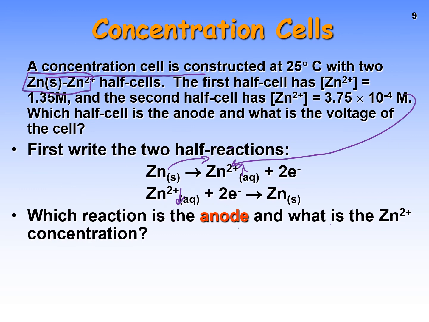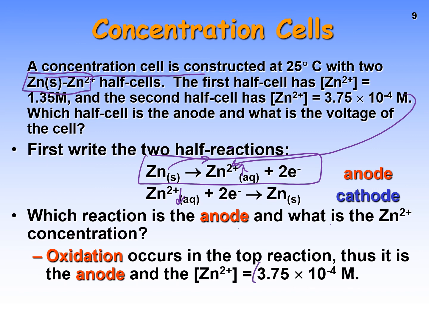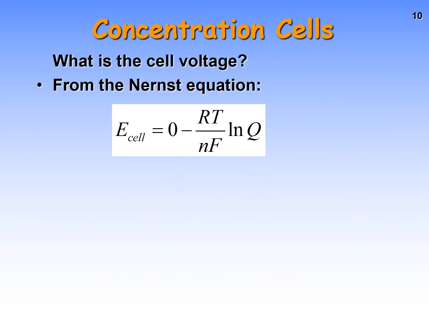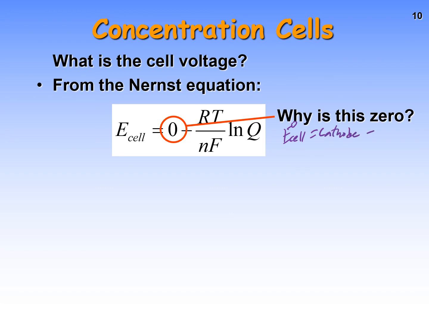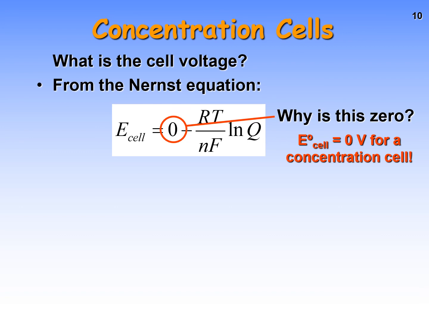We want to know which one's happening at the anode. Well, here's the anode, so this has to be that one. Now we can plug this in. We know this is 0, like I said on the previous slide, because E cell is equal to cathode minus anode, and they're the same value. This is always true when we have the same half reaction on both sides.